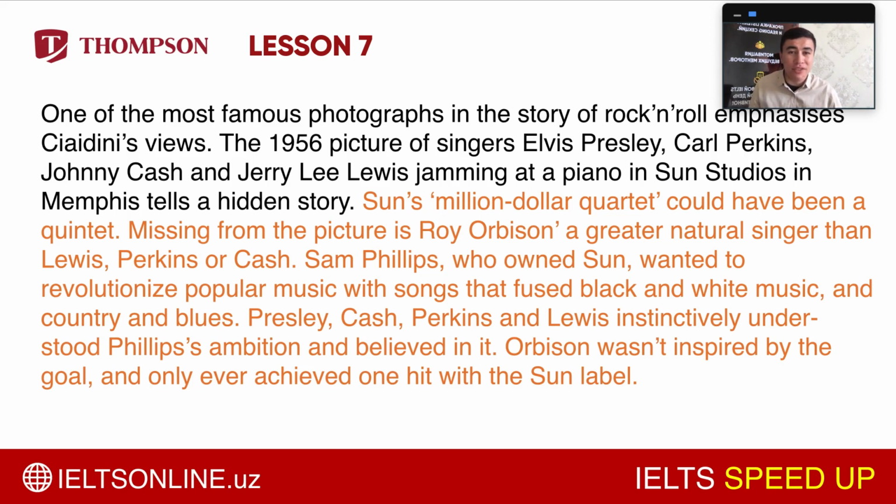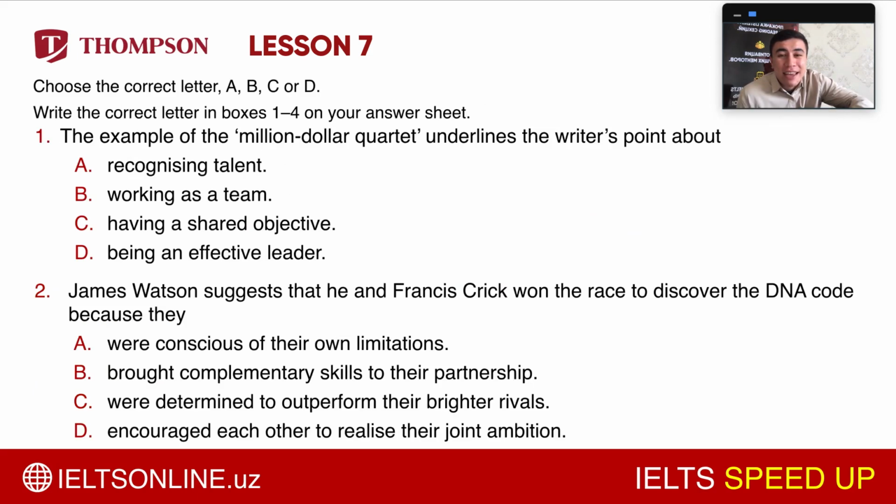So you probably got the point here. So there was a quartet that could have been a quintet. So one person is missing from the picture. And why? Because the other four instinctively believed in the ambition, in the idea, but he was not inspired, and the only thing he got was one hit.